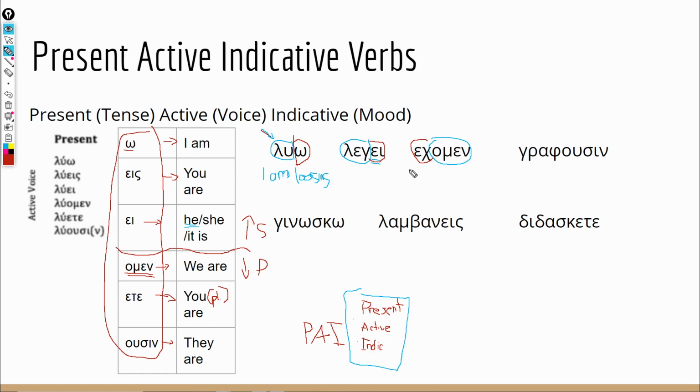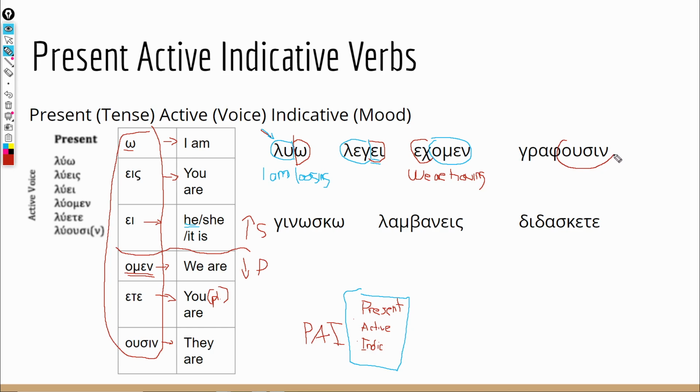Therefore, you can safely translate this as we are having. Or you could say like we have, but we are having is good enough. Okay, we are having.